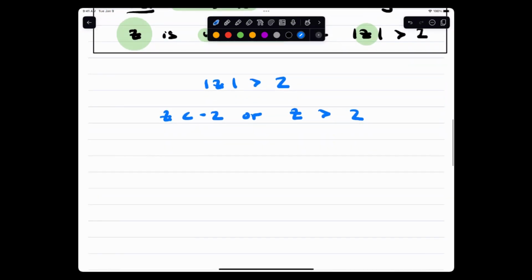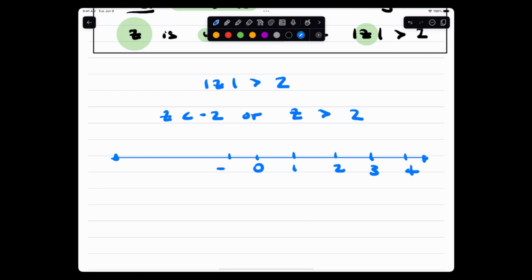Okay. On your scale now, as you graph, because in intermediate algebra, they had you graph these inequalities. There are absolute value inequalities here. 1, 2, 3, 4, -1, -2, -3, -4.